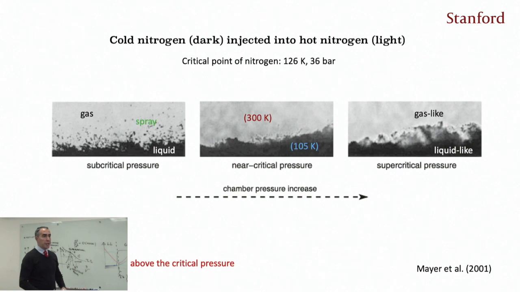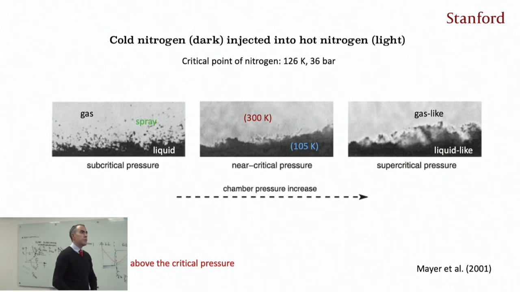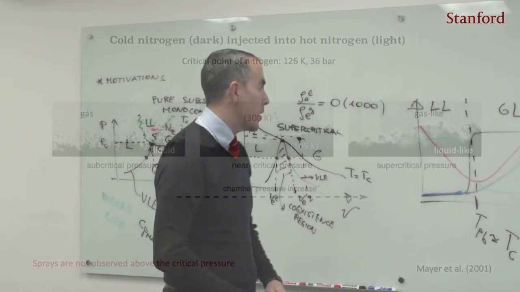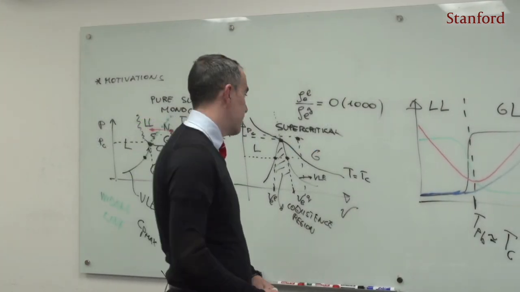As you approach the critical pressure and you surpass the critical pressure, then one starts seeing that there are no droplets anymore. As I told you, for a given pressure and a given temperature, the system is single valued, so you cannot develop an interface anymore. What you see is mixing, even though the system has some gradients because of its changing properties across the pseudo-boiling line, but there are no interfaces.